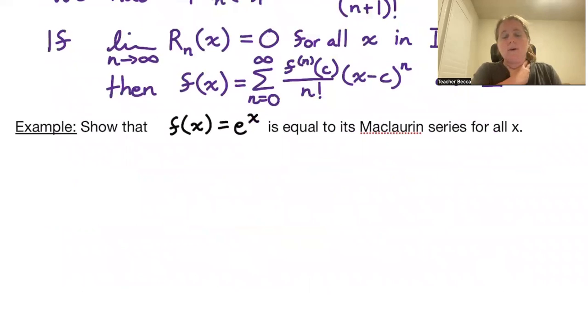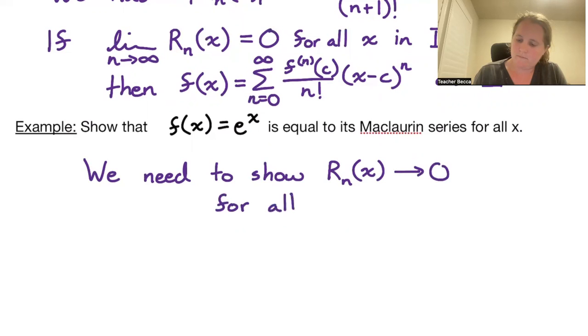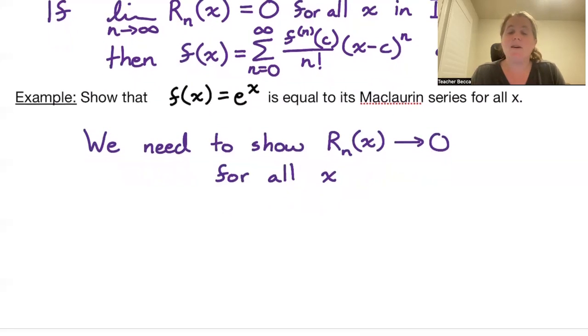So first off, let's go ahead and show that f of x equals e to the x is equal to its Maclaurin series for all x. So essentially what we need to do here is we need to show that R sub n of x goes to 0 for all x. Right? And to do this, what we can do is we can show instead that the absolute value goes to 0.